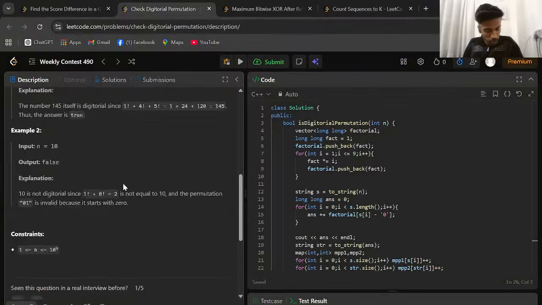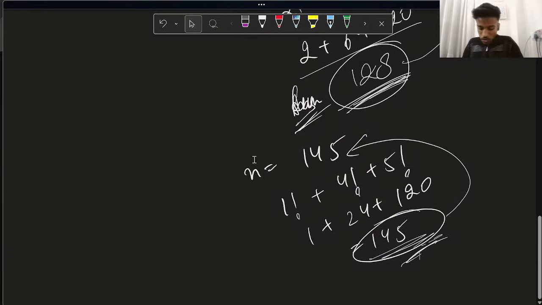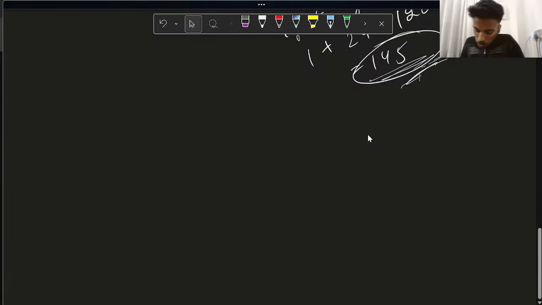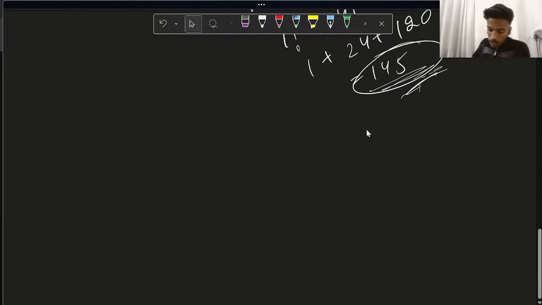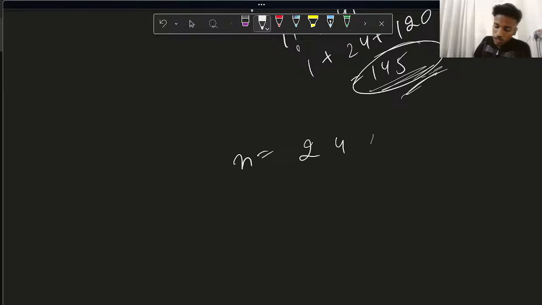Let me show you another example if possible. Also, no other example is given. So I hope you got my point. Like you will be given some n. Okay, it will contain some number of digits like 2, 4, 8, 7, whatever. And based on it, you will calculate the sum of factorials. Okay, and this will give you another number.